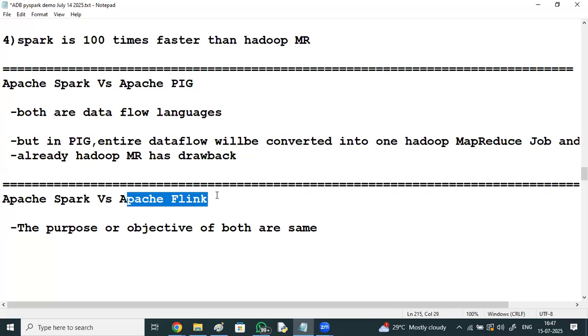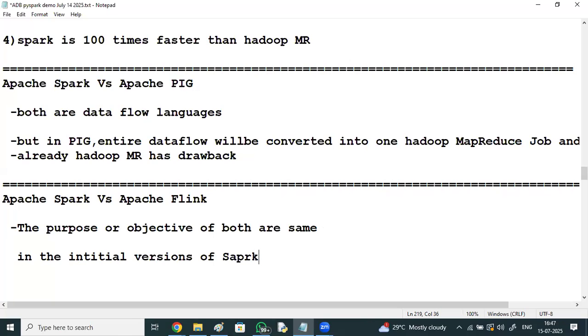It was true. Flink was dominating Spark in the earlier versions of Spark. It was weaker. I can say in the initial versions of Spark, Spark was weaker in data analytics.